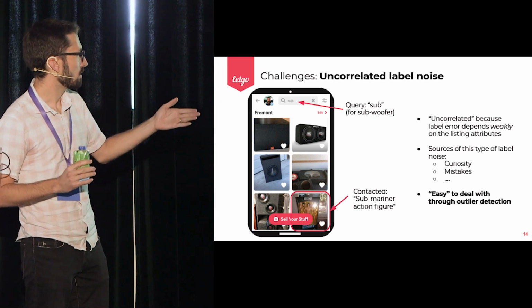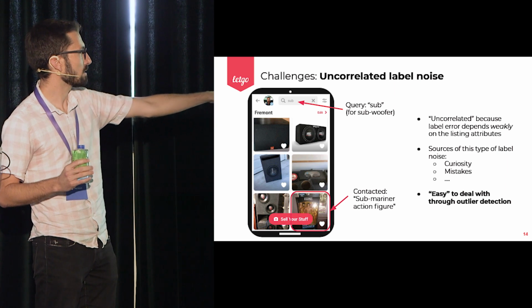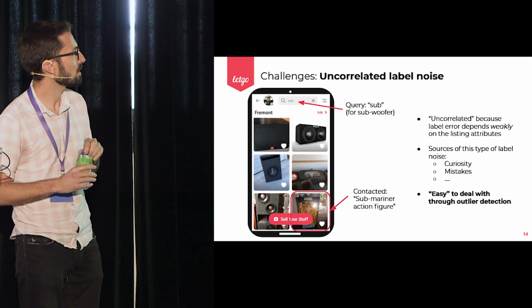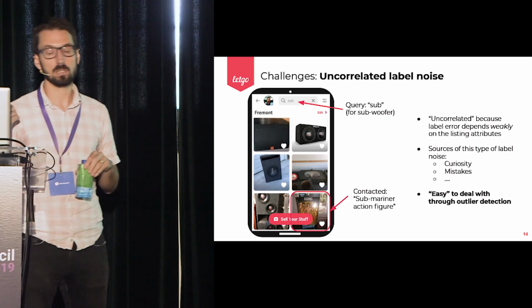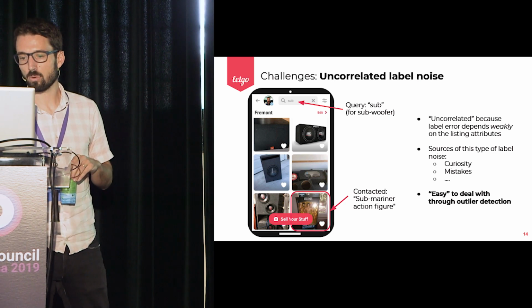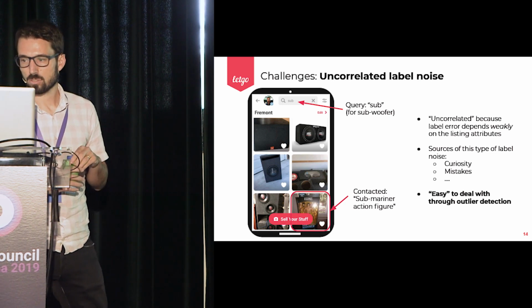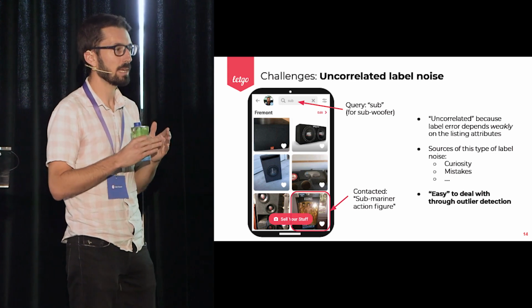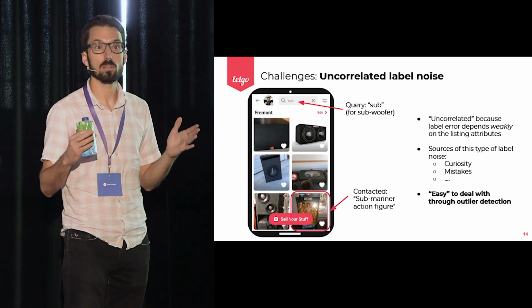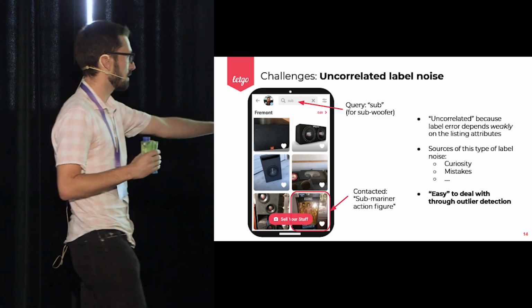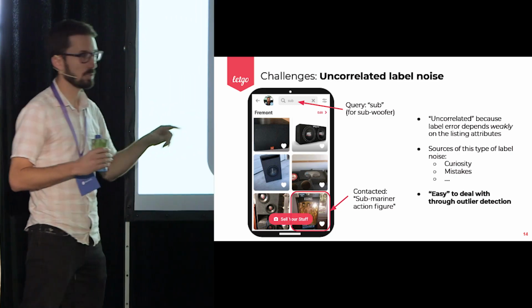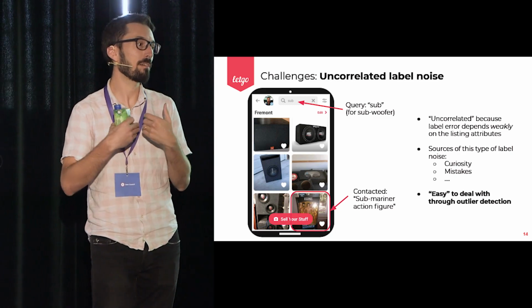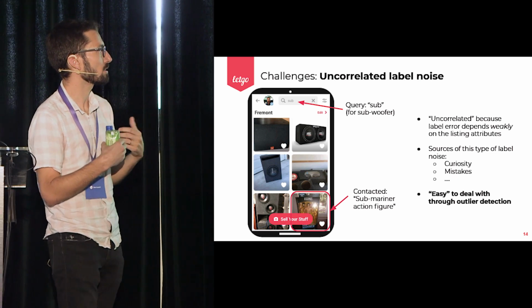The user ends up contacting the submariner action figure when in fact her intent was to look for subwoofers. Obviously, such a contact will create an annotation that's wrong, right? Because that listing here is not a subwoofer, but we have annotated it according to the user as such.